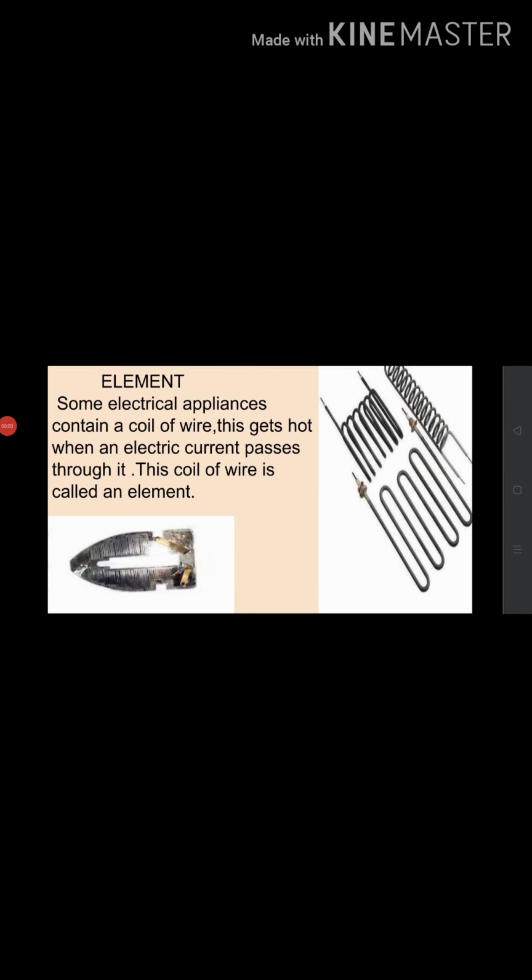Some electrical appliances contain a coil of wire. This gets hot when an electric current passes through it. This coil of wire is called an element. You may have noticed that when these appliances are switched on after connecting to the electric supply, their elements become red hot and give out heat.